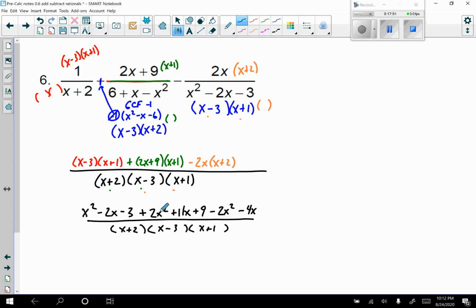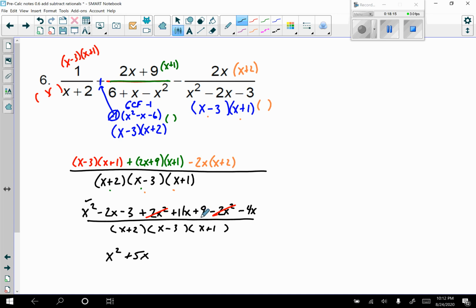Here's what I see. Plus 2x squared minus 2x squared, that's easy. So we have left in the numerator x squared. Then 2x minus 2x plus 11x is 9x, minus 4x is plus 5x.